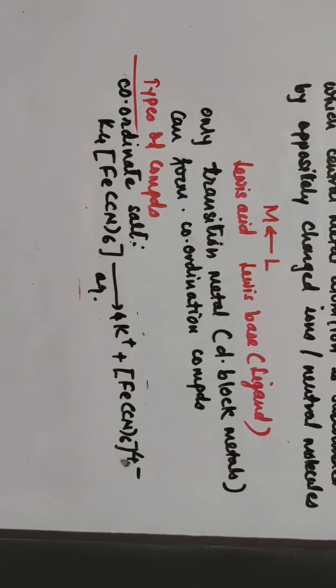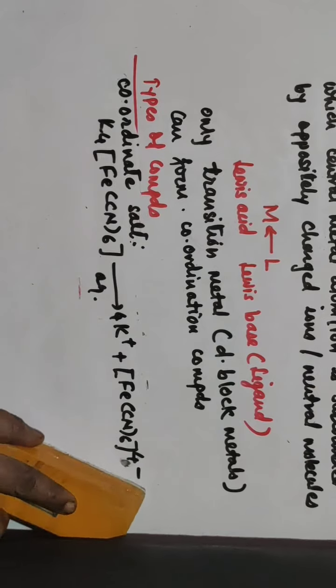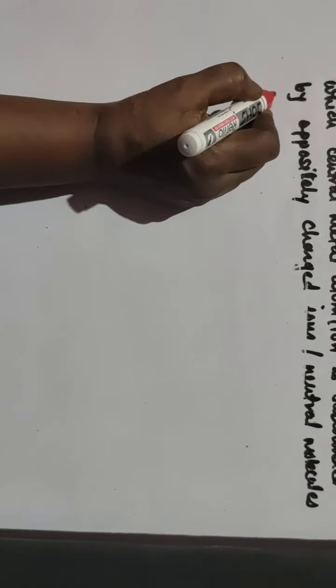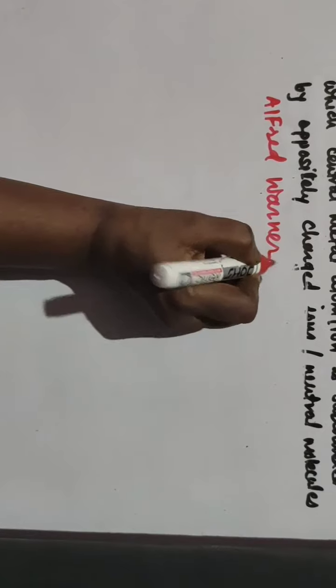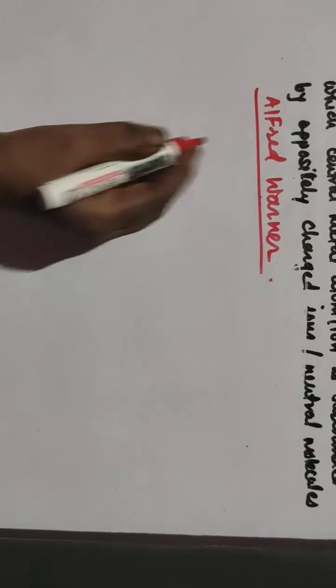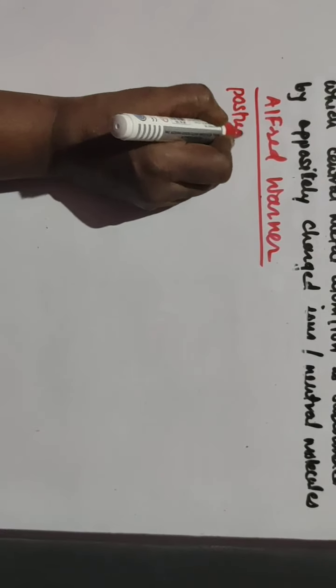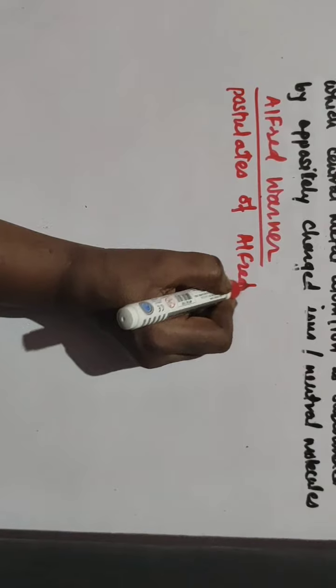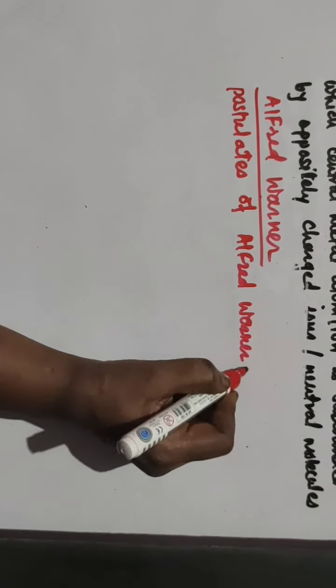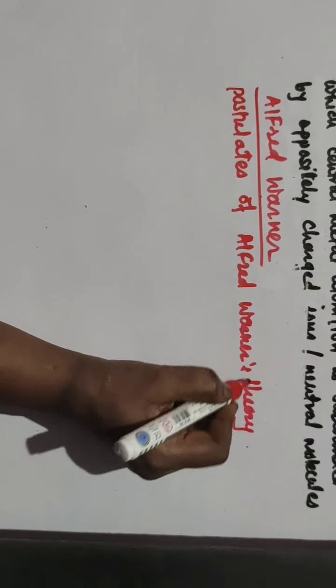So let us see first the postulates of Alfred Werner's theory. According to Alfred Werner, there are two valencies.